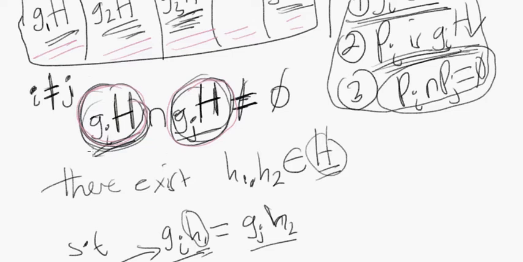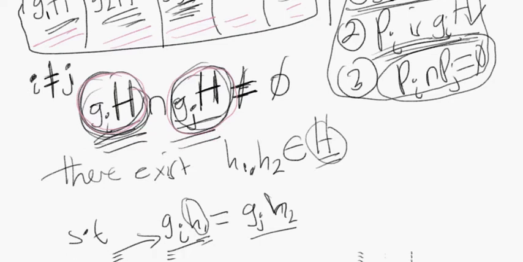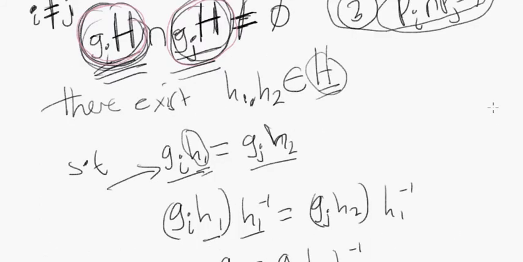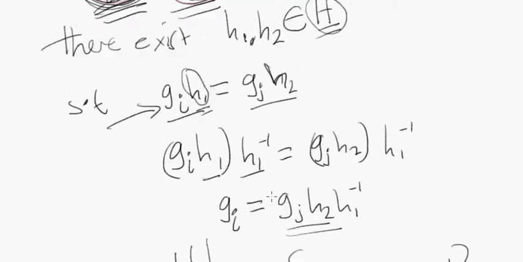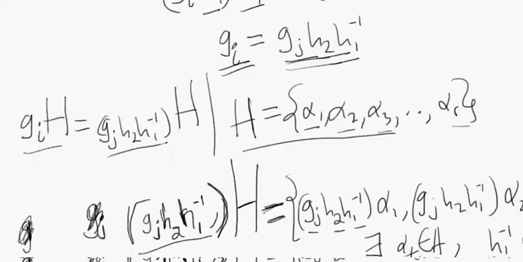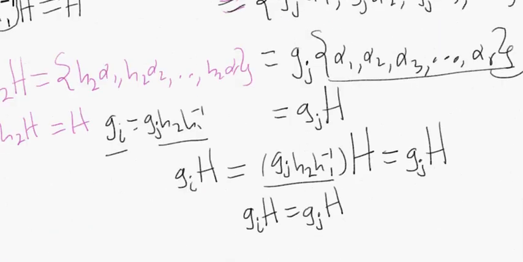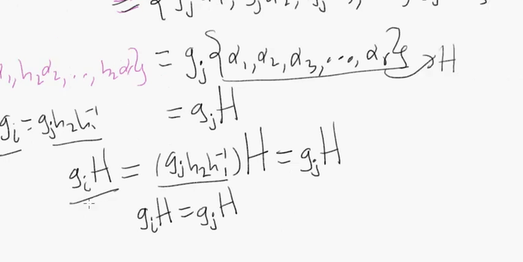And what we realized was that if GiH intersect GjH is not empty, then it also follows that Gi equals GjH2H1 inverse. What this in particular has led us to conclude is the following, that actually the coset GiH turns out to be the same as the coset GjH.